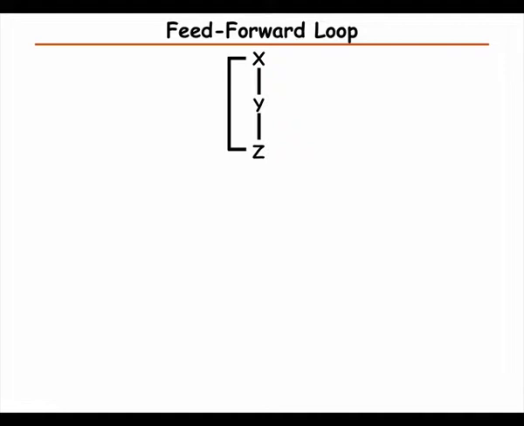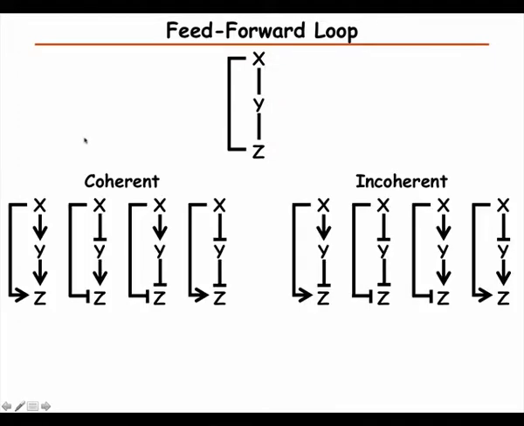It's called a feedforward loop. What it means is that X regulates Y, which regulates Z, but then X also regulates Z. As you can see, there are three different connections, and each of them can be either a positive or a negative regulation.